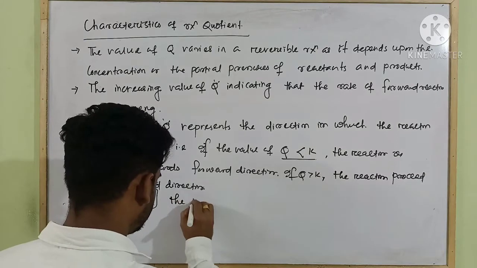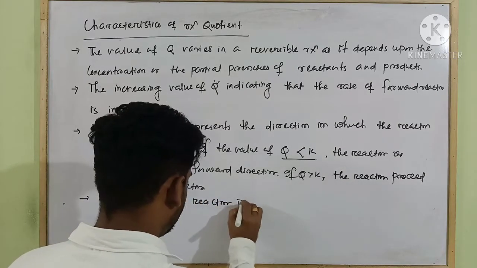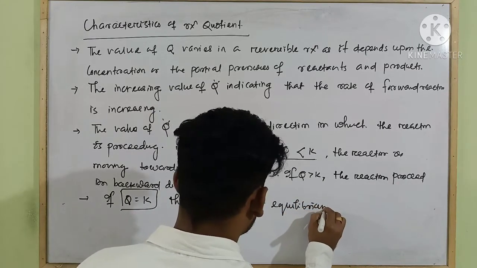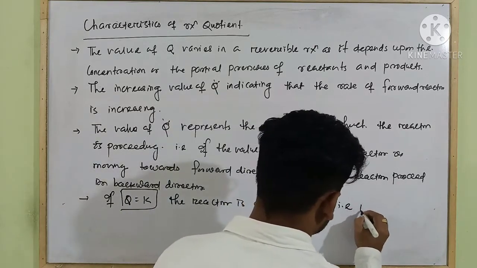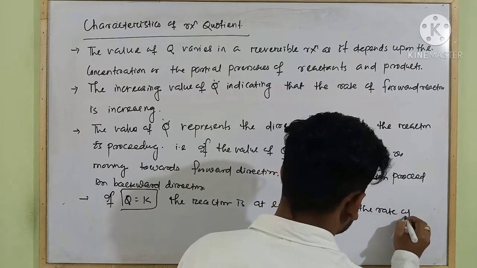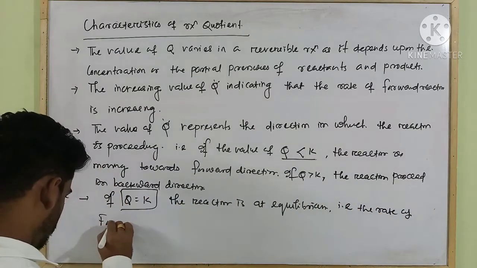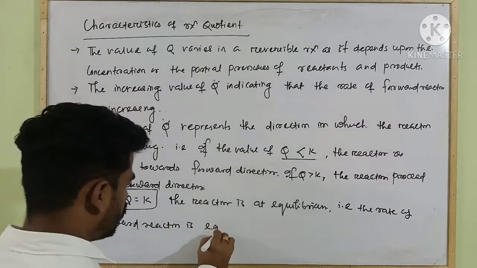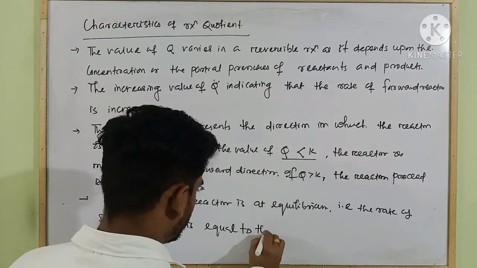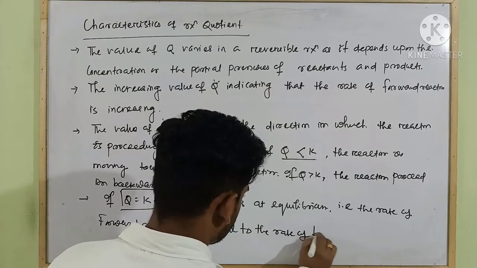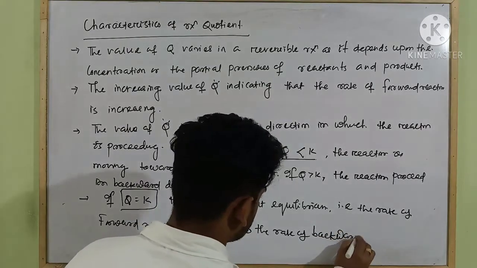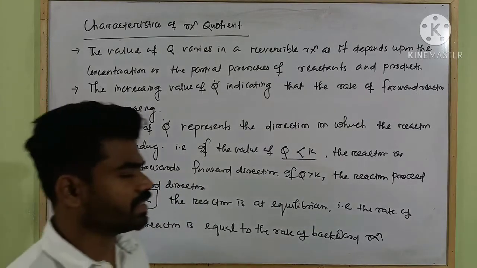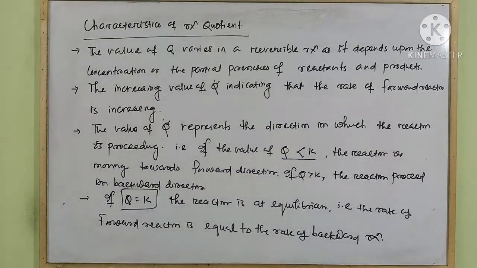The reaction is at equilibrium, that is, the rate of forward reaction is equal to the rate of backward reaction. So these are the important characteristics of reaction quotient. Clear?